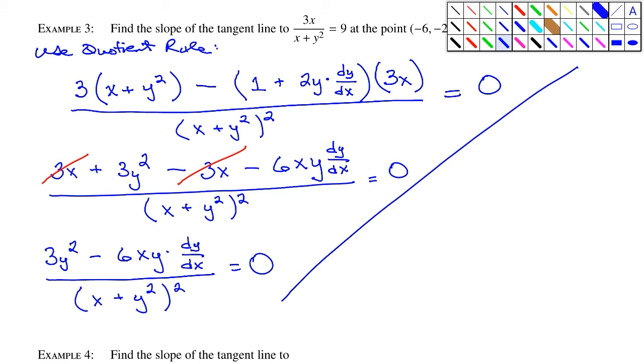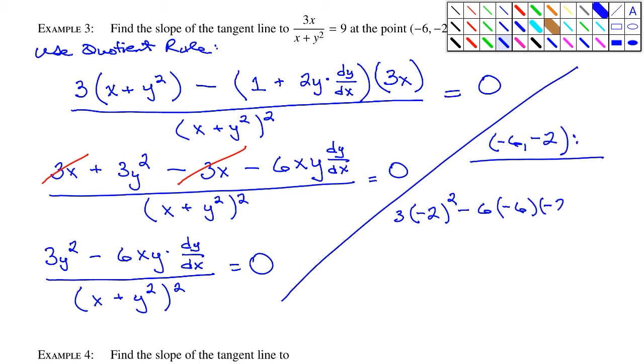So we know that the coordinates are negative 6, negative 2. So if I plug that into this equation, I get 3 times negative 2 squared minus 6 times negative 6 times negative 2 times dy/dx over (negative 6 plus negative 2 squared) quantity squared, equals 0.